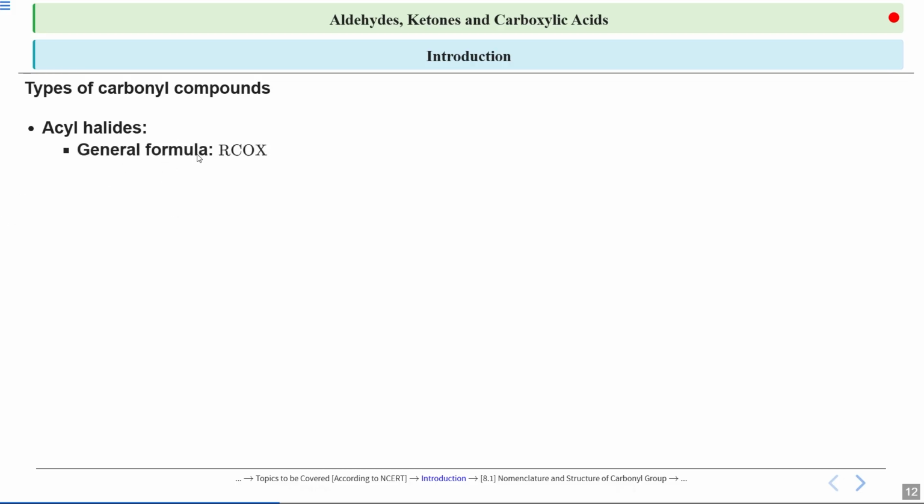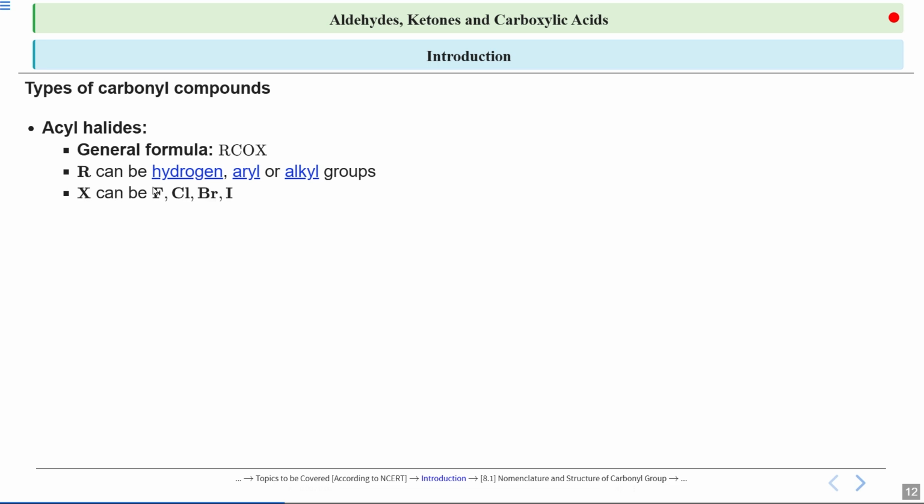So the general formula is R C double bond O X, and this X is a halogen atom, and this R C double bond O is an acyl group. That is why it is called an acyl halide. This R can be a hydrogen, aryl, or an alkyl group.